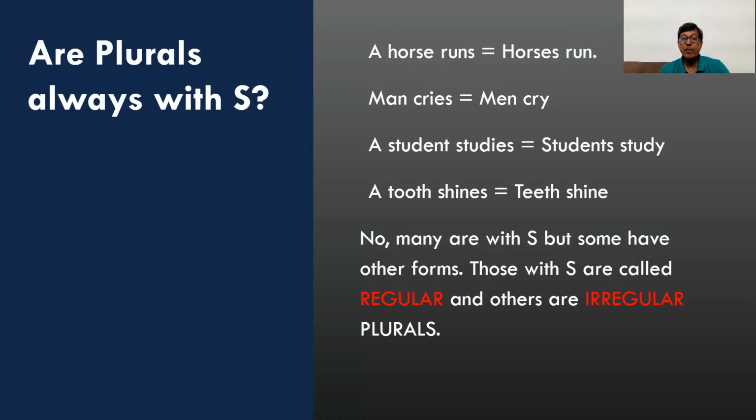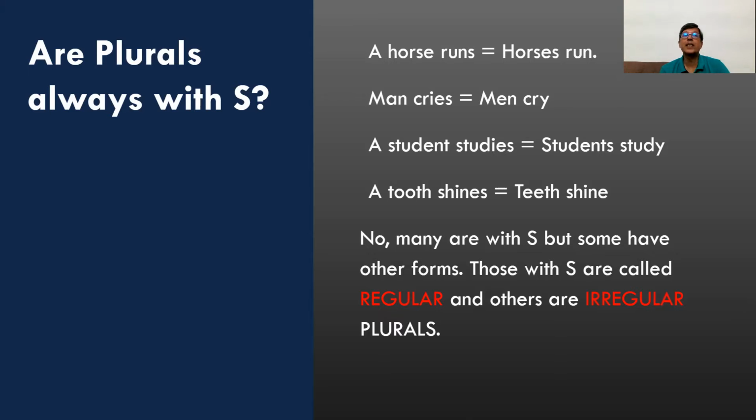Man cries becomes men cry. There is no change with the addition of S. So this is an exception. A student studies becomes students study. So that is fine. S is added. But a tooth shines becomes teeth shine. So here again, tooth becomes teeth.